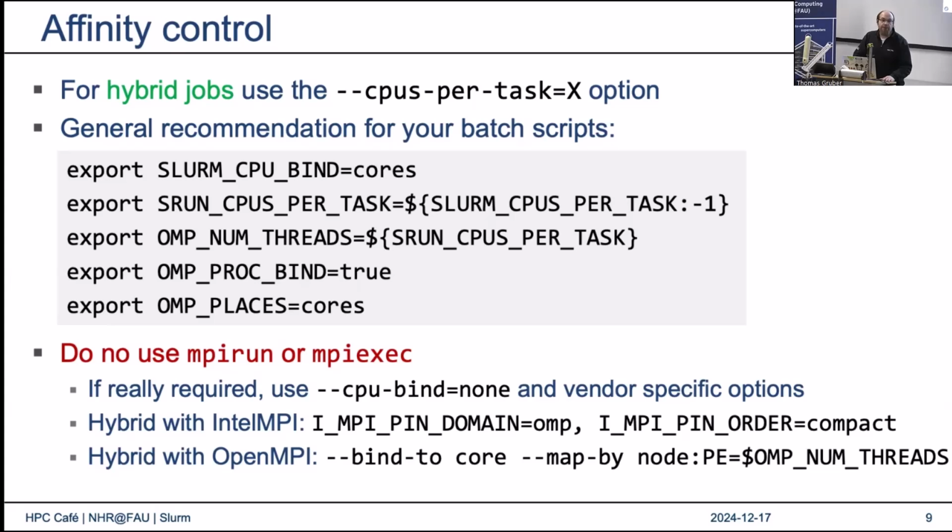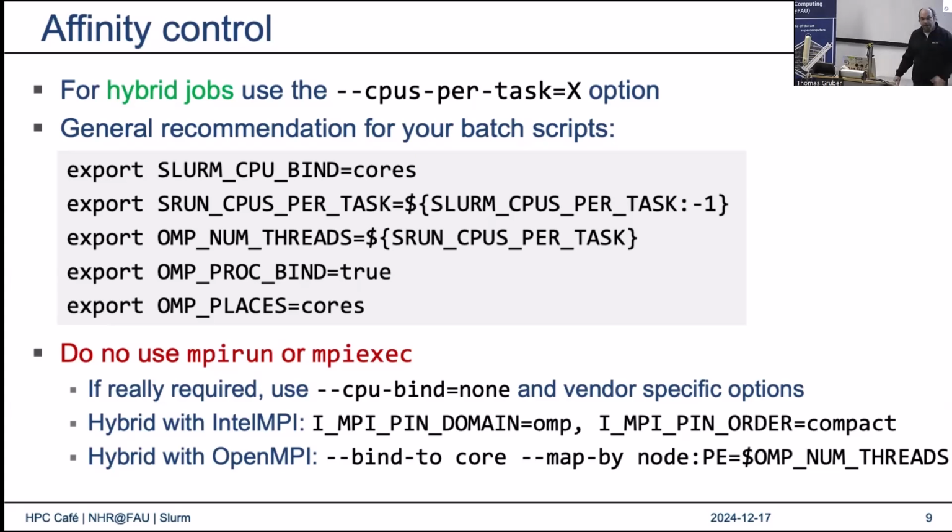So even if you use mpiexec from Intel MPI, it will ask Slurm what the setting is and will apply those. And why not use the MPI-specific startup mechanisms? Because they interfere with how Slurm wants to do it. But you could still do it. Yeah, you could still do it. We are not recommending it. And if you want to do that, specify minus CPU bind none.